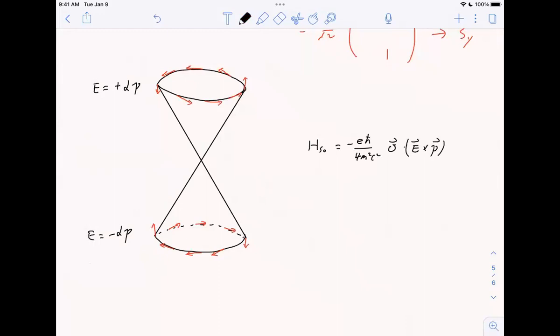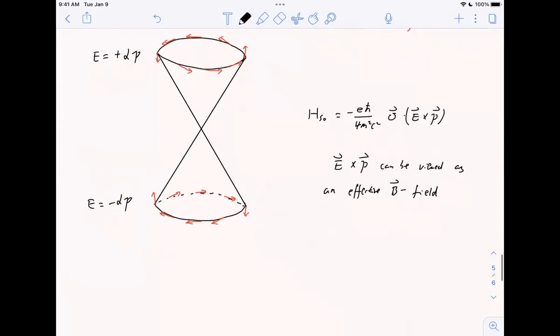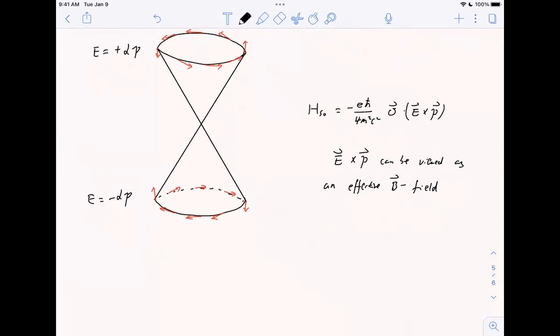Previously, we know that you can understand this by using an effective electric field. So E cross P can be viewed as an effective B field.